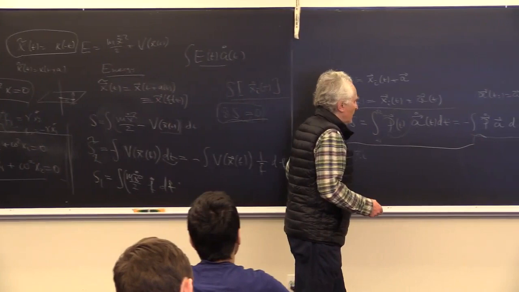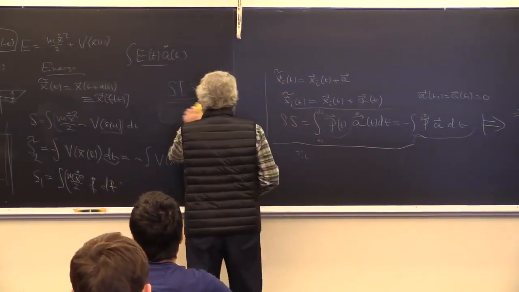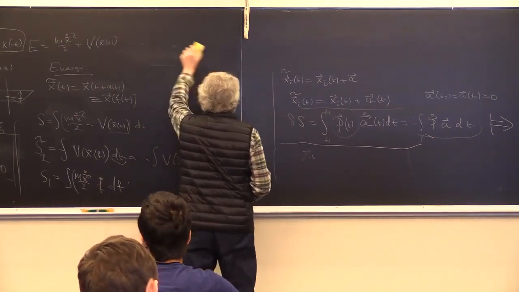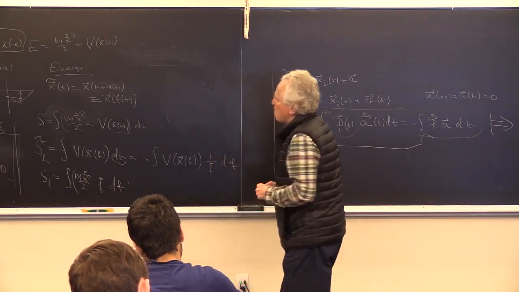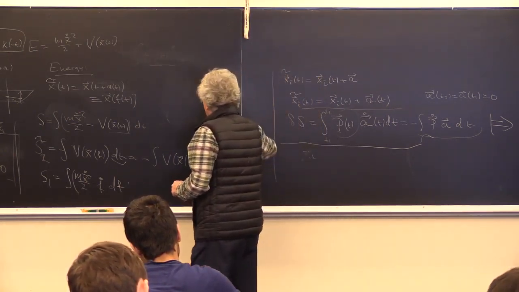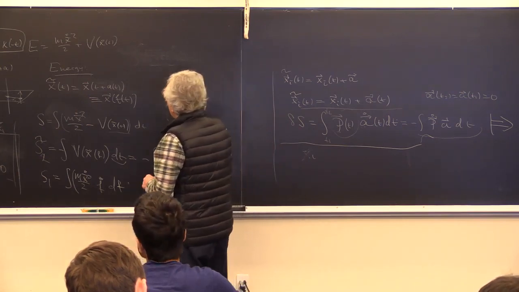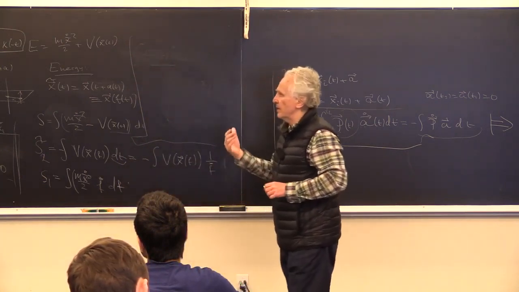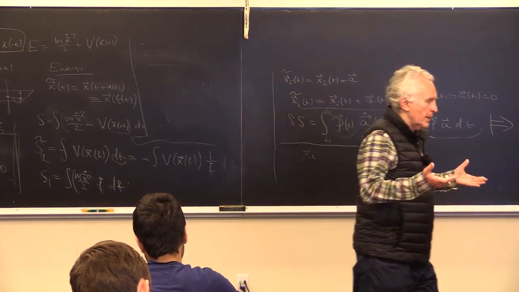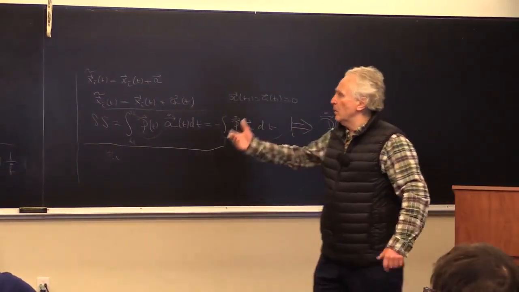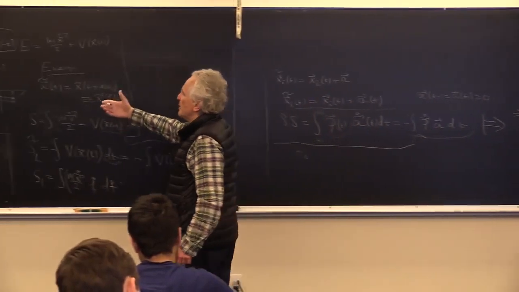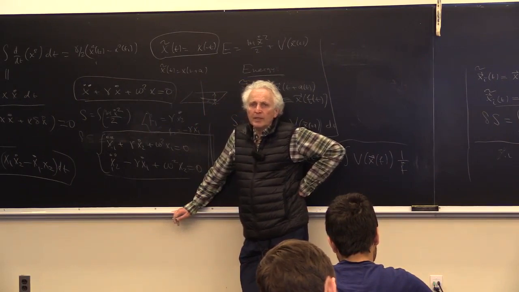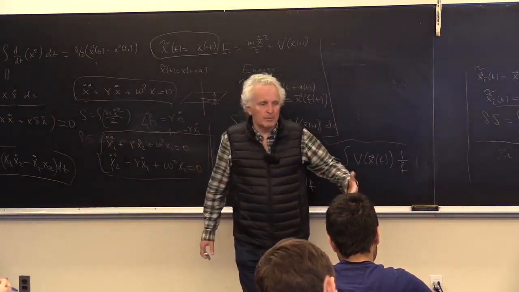Now let's go from these examples to slightly more general things. Namely, before we do that, let's try to understand in a more mathematical way. There's an interesting question to be asked here. You are given some equation of motion. How do you decide whether it's derivable from a variational principle or not?